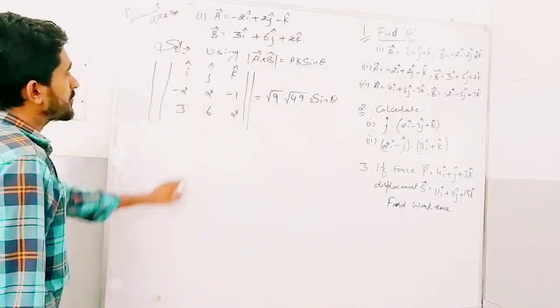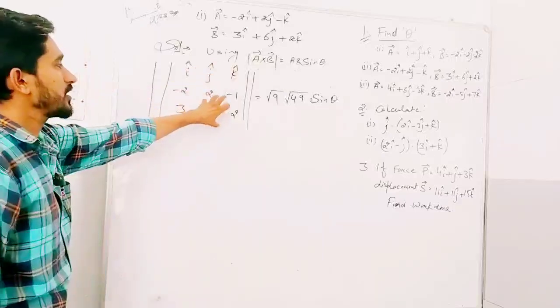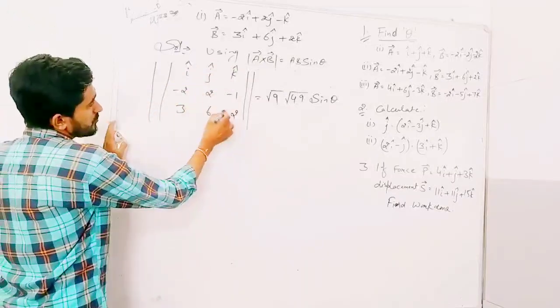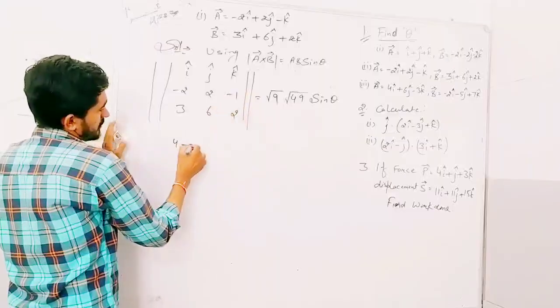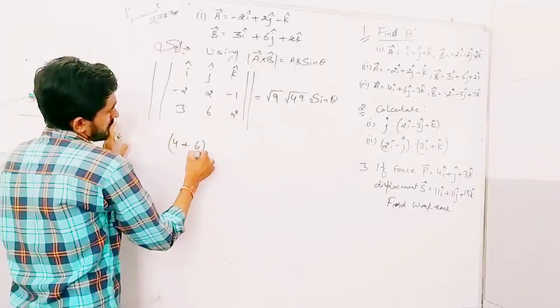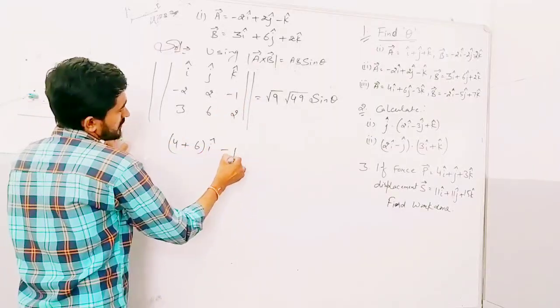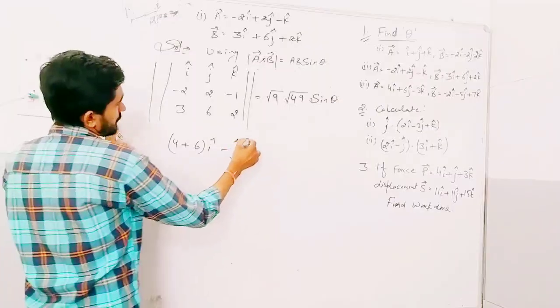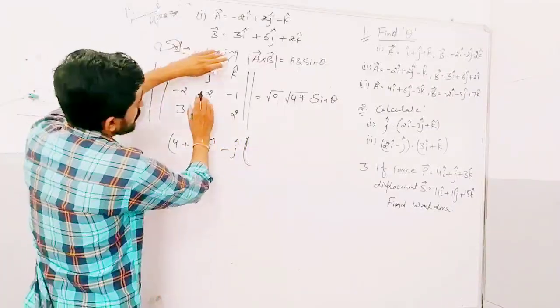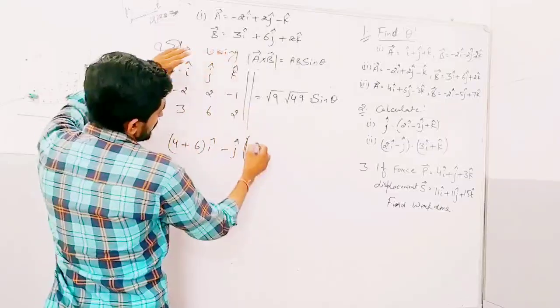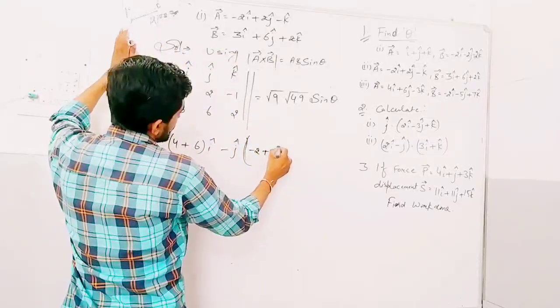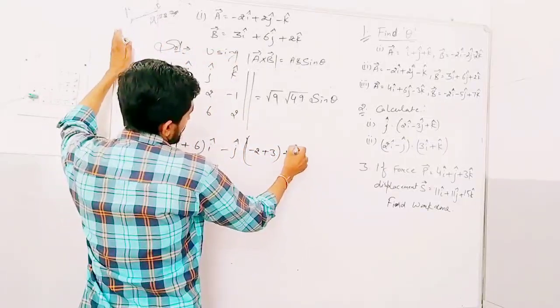Then for i cap, close i cap, multiply 2 times 2, 4, minus of -6 plus 6, i cap. Minus j cap, close j cap, -2 minus of -3, -2 plus 3, plus k cap.